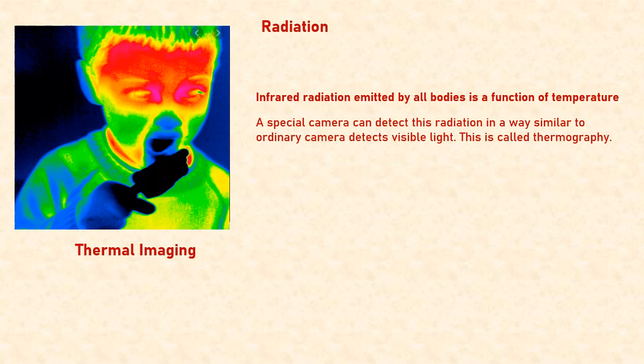So even if the body is in the dark, still it radiates heat. And now this infrared radiation can be captured with these special cameras. We call this process thermal imaging. You see in this thermal image to your left, there is a boy eating some ice cream.